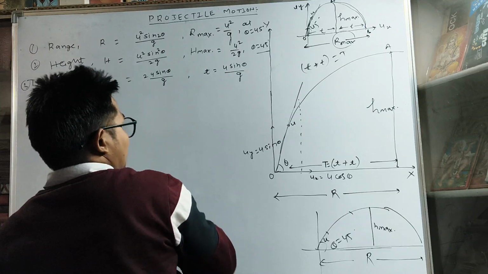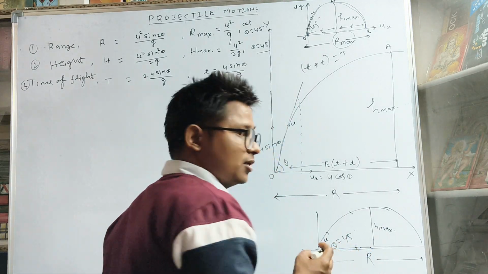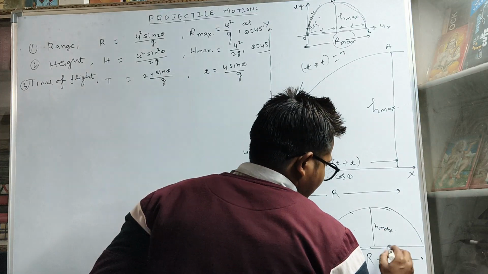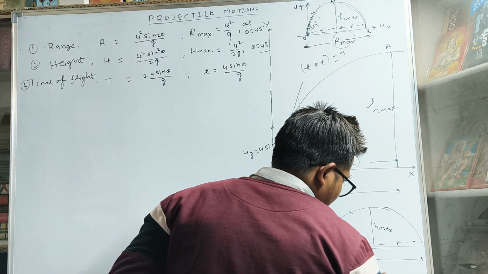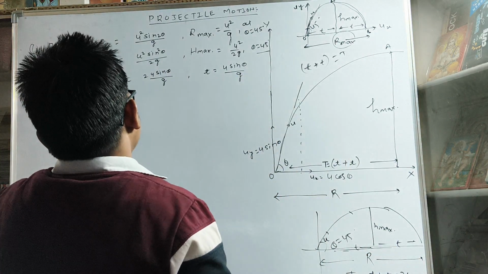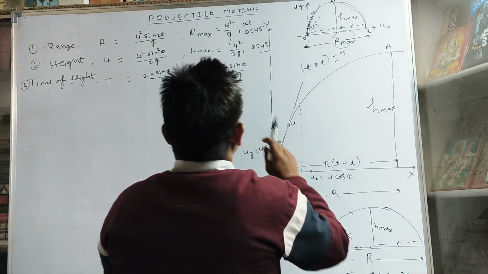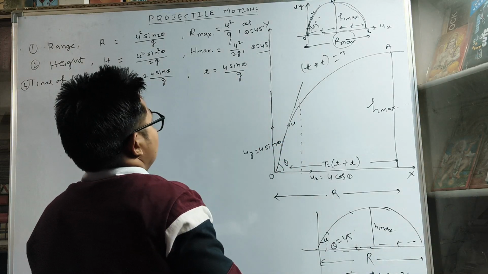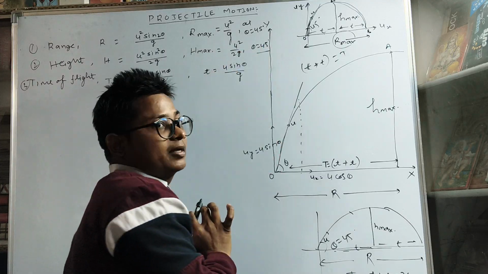Time of flight means total time taken by the object to attain the maximum range, that means t plus t, which is 2t. So total time is 2u sin theta by g, and half of the time is t equal to u sin theta by g, and h max equal to u square by 2g at 45-degree angle.